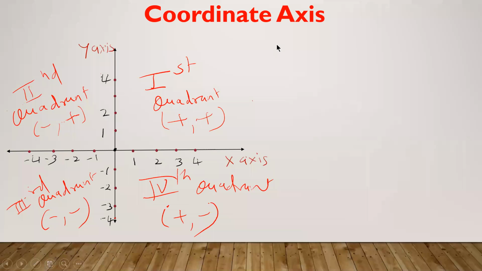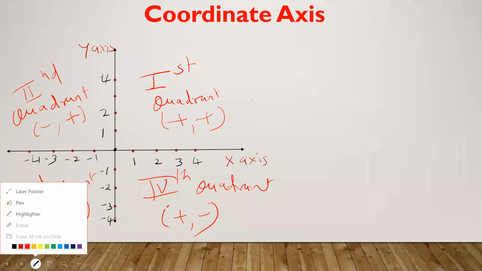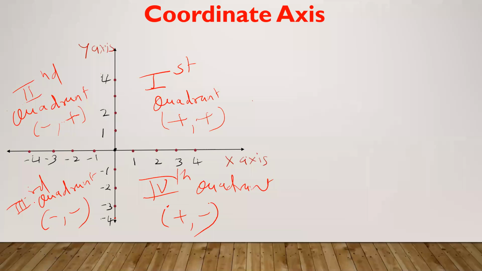You all know that any number can be plotted on a line. That line is called a number line. All of you have done it in school days. This is a number line. Here it is 0. To the right side of 0, you have positive numbers, and on the left side, you have negative numbers.